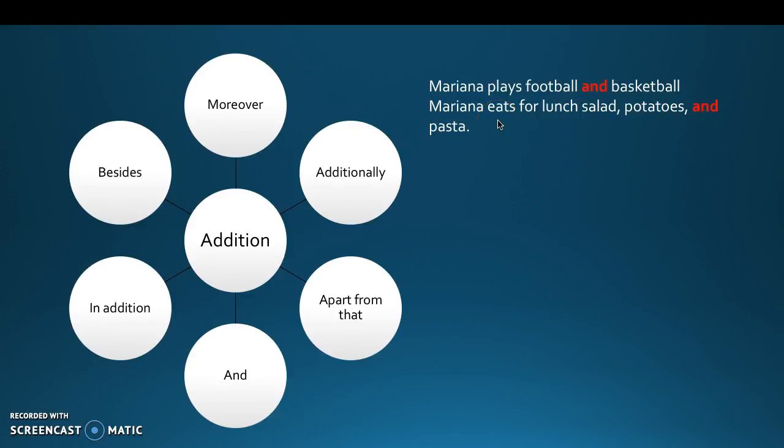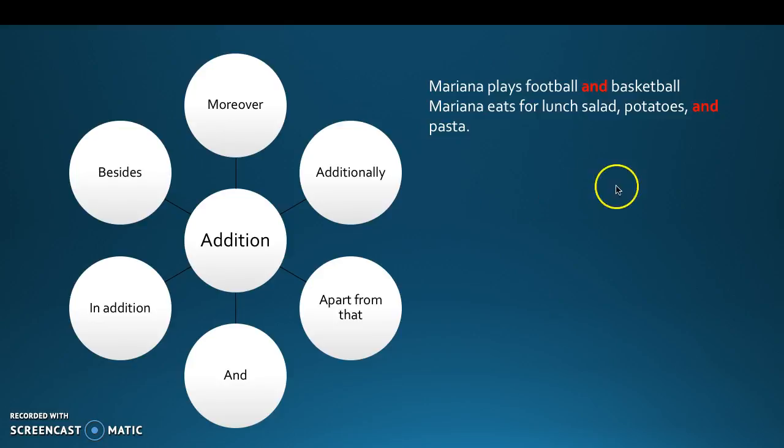The point, as I told you before when I was explaining this, is that when we have a list of more than two things, like in the second case that we have salad, potatoes, and pasta, you have to use a comma before and. In other cases, you just have to put and. And there are other exceptions that we are probably going to see at another moment of the year.